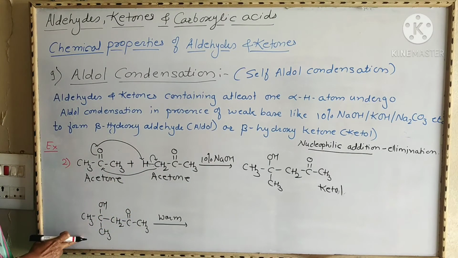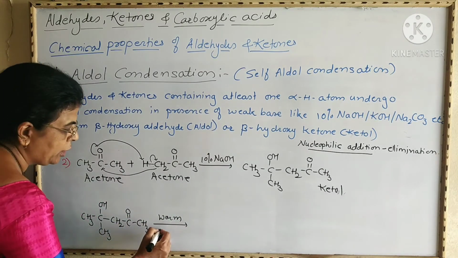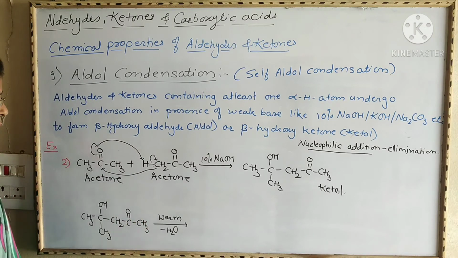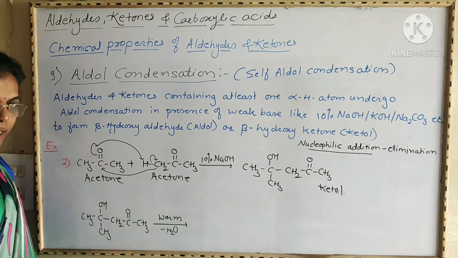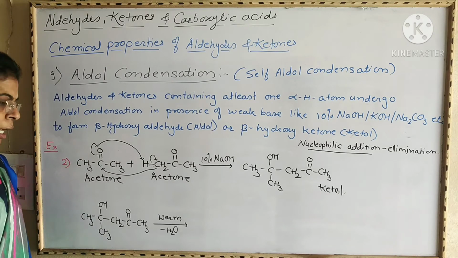And in the second step, this ketone undergoes dehydration when it is warmed. This ketone, when it is warmed, undergoes dehydration or alpha beta elimination reaction to give alpha beta unsaturated ketone.